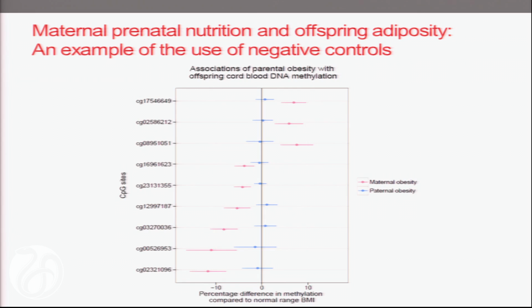And when we do the same comparison in relation to paternal BMI, we see no significant associations. So this is just one of a suite of methods that strengthens causal inference, that we can conclude that the effect of maternal overweight on offspring methylation is a biological in utero event. So apologies to Stephen that dads don't matter in this case, but this is methylation, not microRNAs.